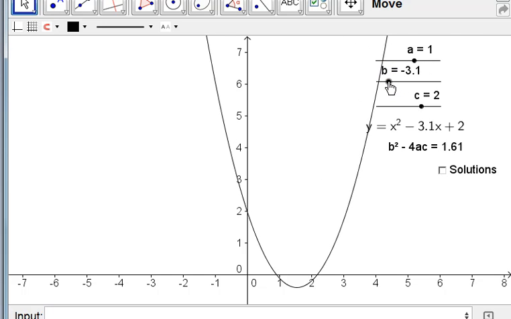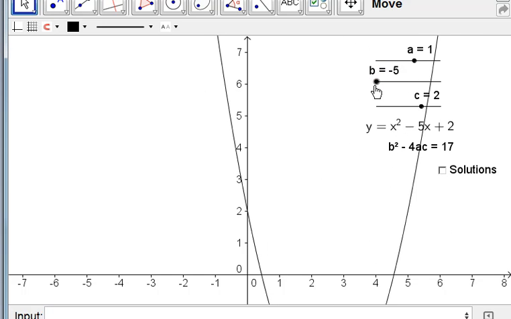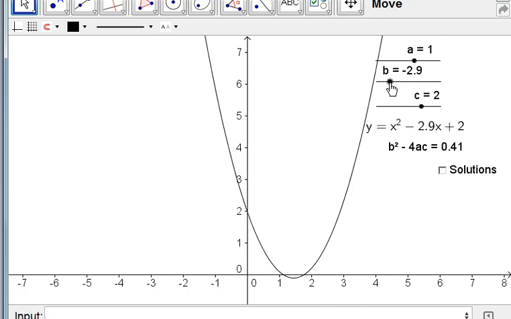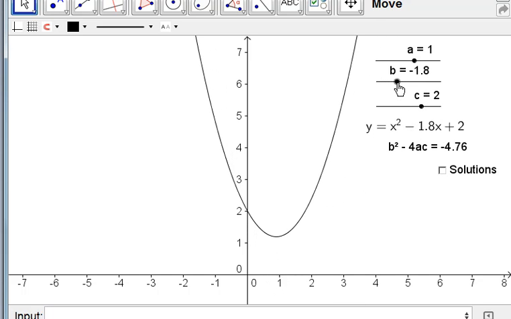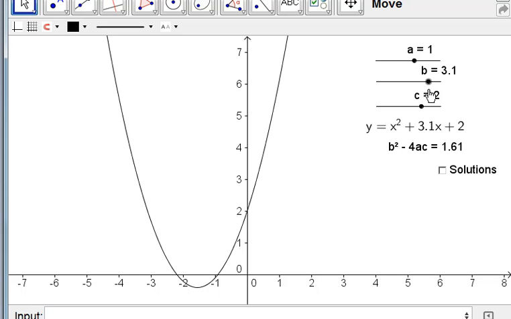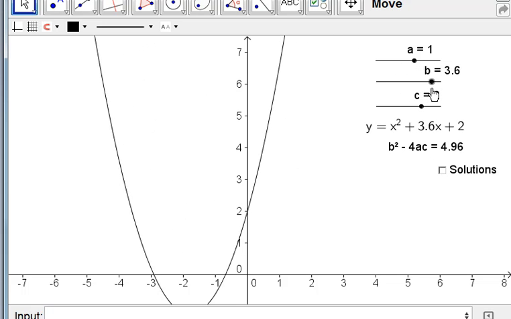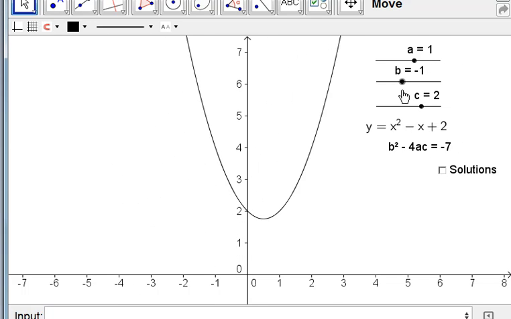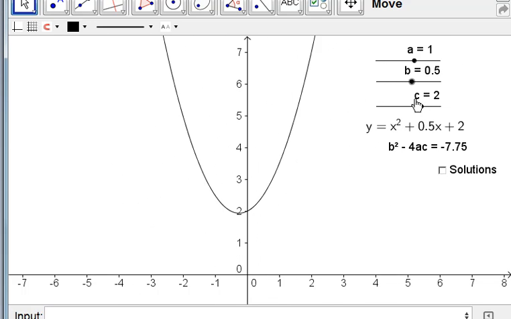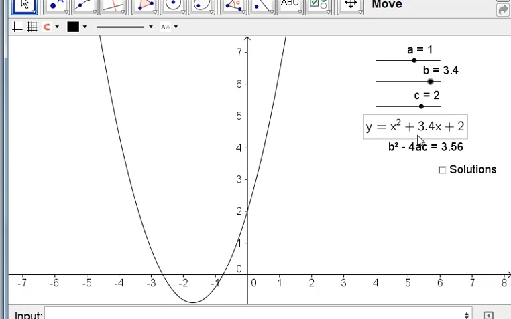So you see the discriminant, it's getting bigger there, and then it's getting closer to 0 just there, and then negative, still negative, 0, positive, negative, positive, negative, positive. So what the discriminant actually does for you is if it's positive, if it's bigger than 0, then it tells you that there are 2 different roots, 2 different solutions to the equation.